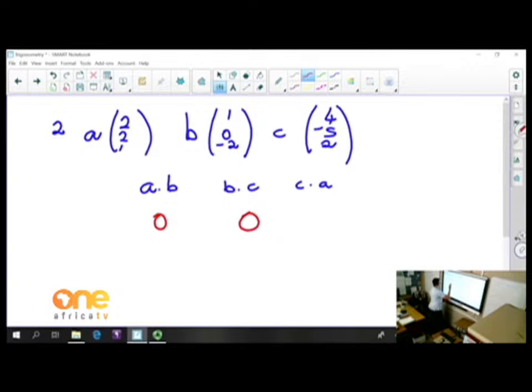And then AC: 8, -10, 2, which is also 0. So all these vectors will eventually be perpendicular. They will be perpendicular. Question 3.